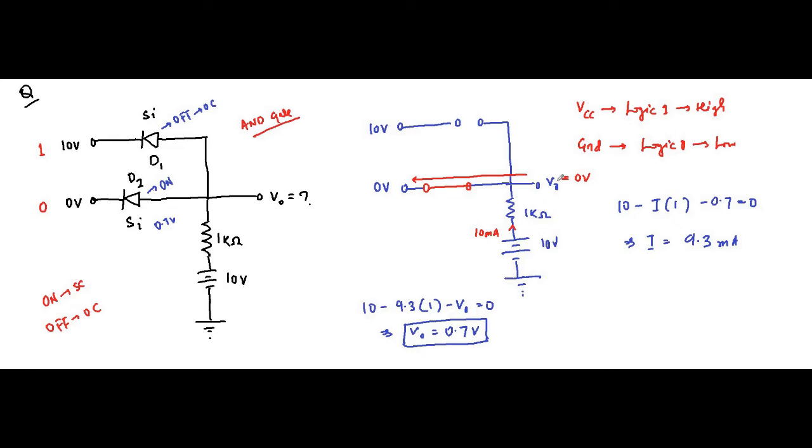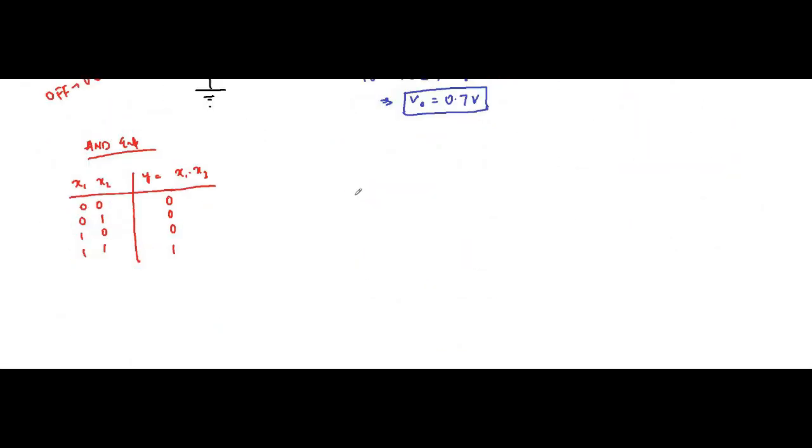If you apply KVL, V0 plus 10 minus 10 equals 0, since 10 milliampere into 1 kilo ohm is 10 volt. That implies V0 equals 0. So either way, the output will be 0 volt, that is low. So in this case, with inputs 1 0, the output is 0.